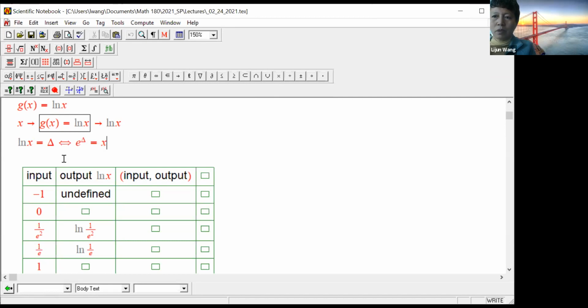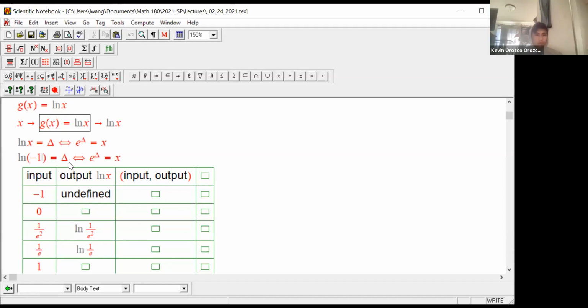Now, for the input of -1, the output corresponding to the input of -1 must make this true. So can you identify that output for me?